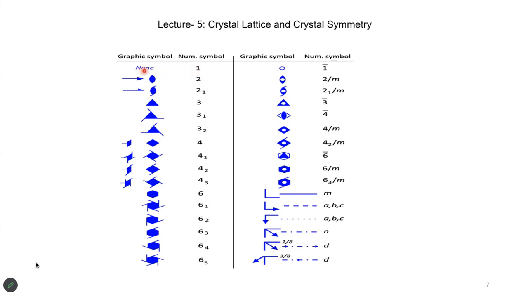It has got no symbol. But if we come to a symbol like this, that represents a 2-fold rotation axis. And this is a space symmetry element, the 2-fold screw axis. This is 3-fold rotation, 3-fold screw axis, and so on if we go down this. These are the symbols we will be using in explaining stereographic projection of space group.